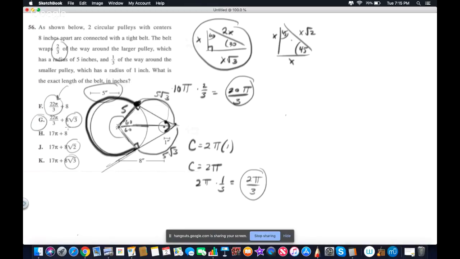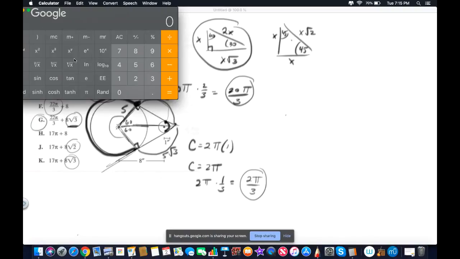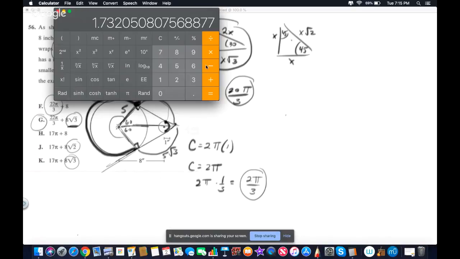And look, it's not all the way home. I'll explain how to get all the way home. But at that point, 5 root 3, two groups of that, which is 10 root 3. Root 3 is not that tiny a number. Like, let's see, the square root of 3 times 10, that's much bigger than 10.